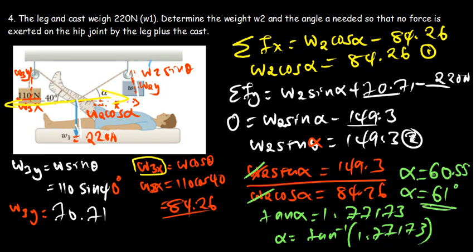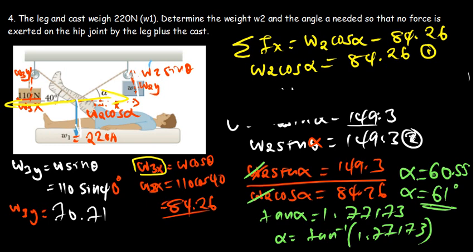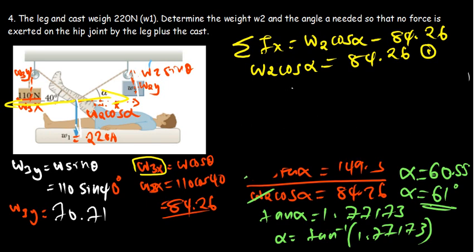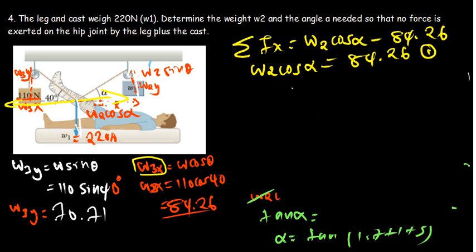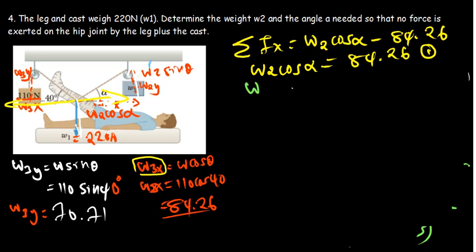So since we have found the angle, now we need to find W2. We have two equations, and if you want, you can use any. You are going to find the same answer. So I'm going to use this one: W2 cos alpha has to be equal to 84.26.